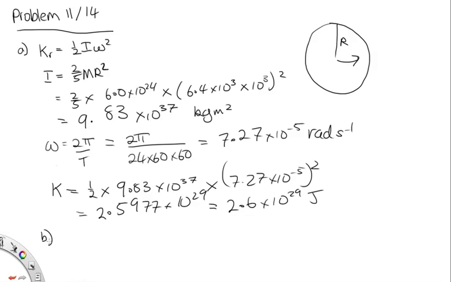Okay, part B says, suppose this energy could be harnessed for people's use. For how long could the Earth supply 1 kilowatt hour of power to each of the 10 to the 10 people on Earth? Okay, so the time it could supply for is given by the total energy over the rate of energy use.